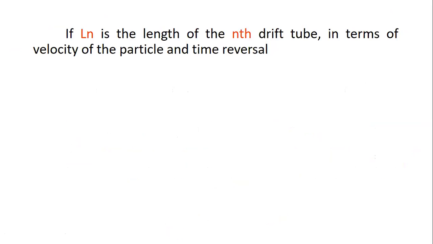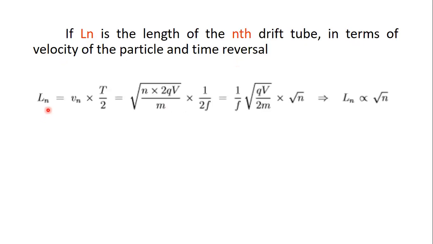Let us look at the expression for the length of the tubes, electrodes or drift tubes. Let Ln denote the length, where n stands for the electrode number: first electrode, second electrode, third electrode, etc. We can express the length of the electrodes in terms of the velocity and time interval. You know that length is nothing but velocity into time taken.